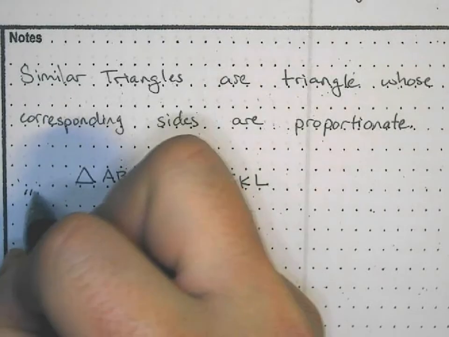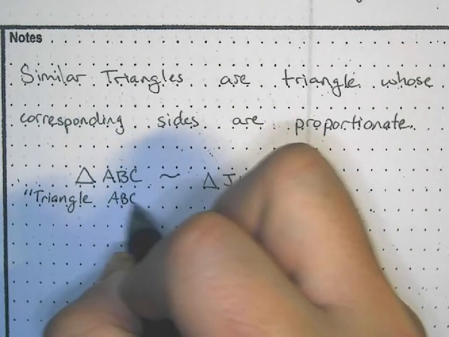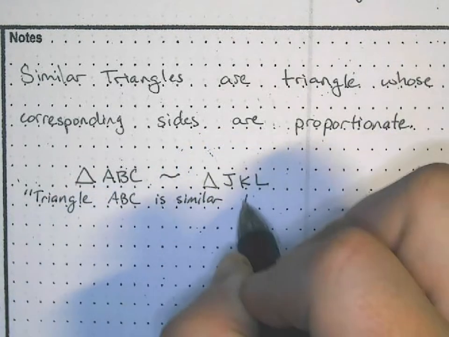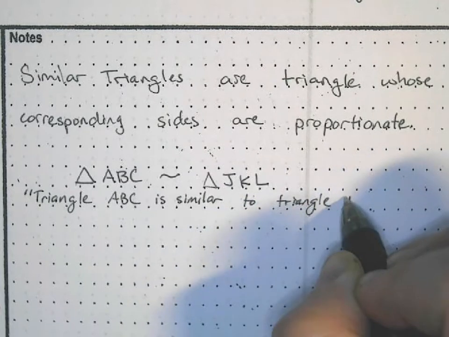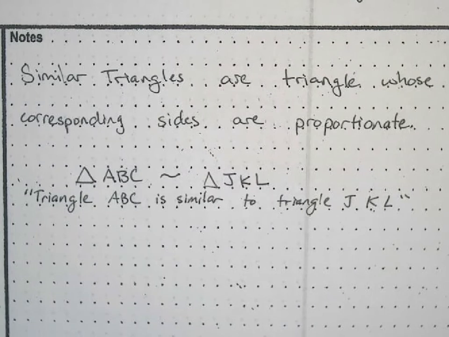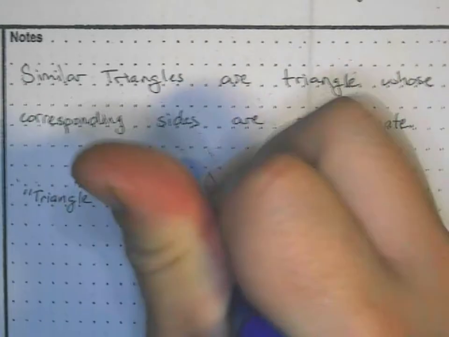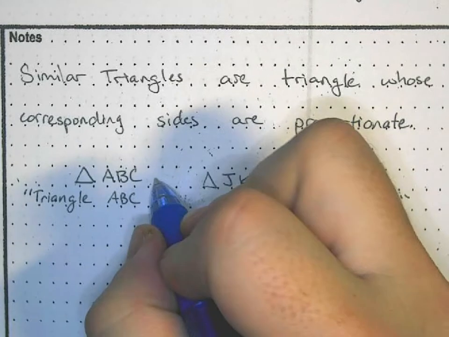So we'd read this as triangle ABC is similar to triangle JKL. So maybe I'll put our new symbol and the words that go with it in a different color so it matches.